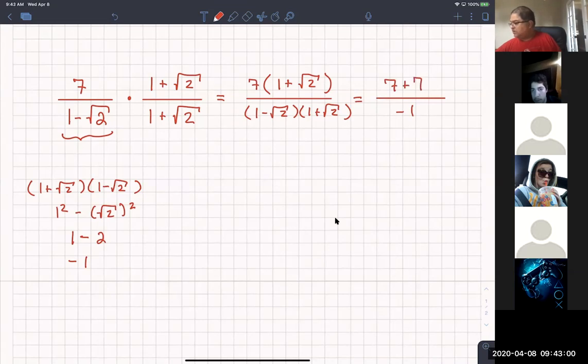And the numerator I just distributed. Then, of course, as Lathan said, get the negative out from underneath the denominator by giving it to the numerator.